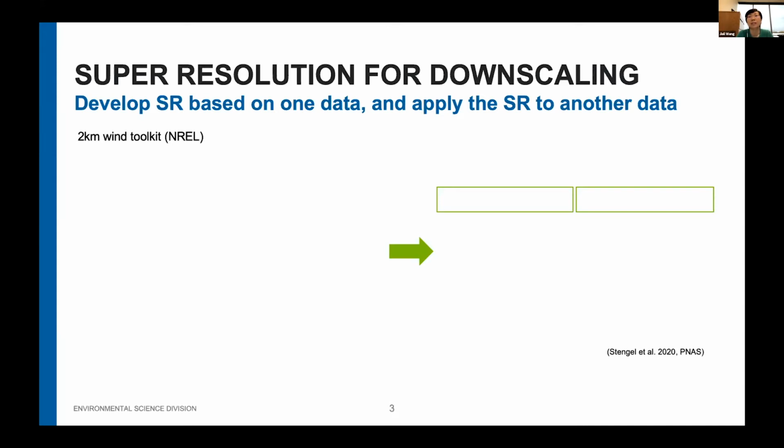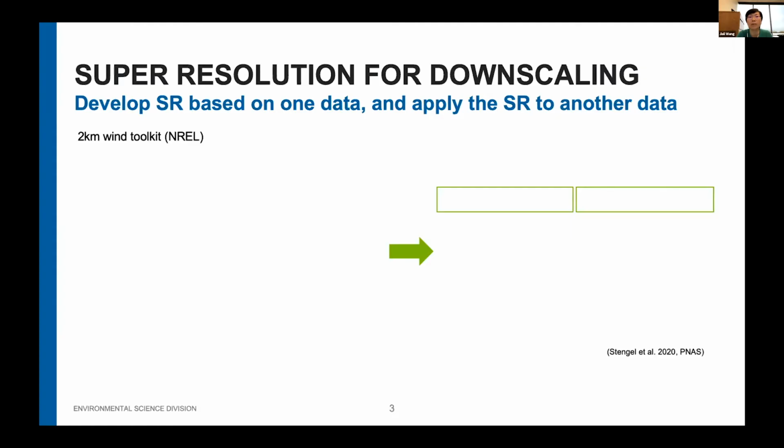Then the super resolution model is applied to a data set such as a GCM, which I was going to show on the right. With the super resolution model, you can generate high resolution data with lots of features.